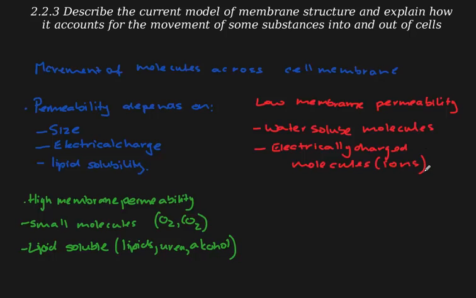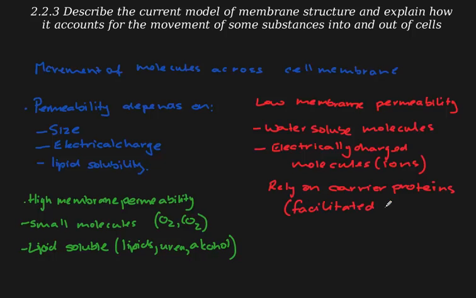So sodium ions, potassium ions. So these things rely on carrier proteins. So they have low permeability, they rely on carrier proteins to move them through. And this is a process we call facilitated diffusion.